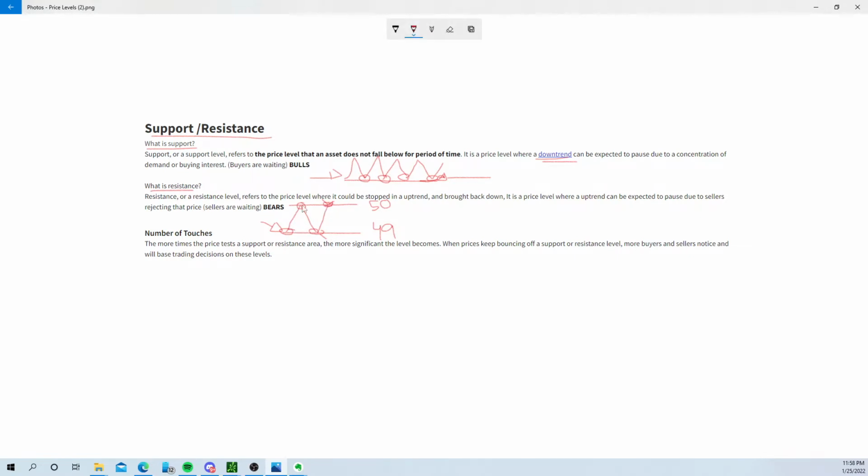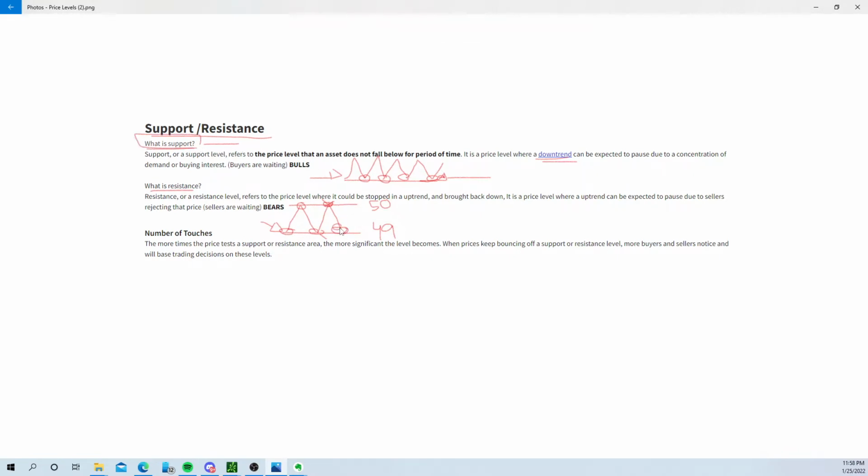So now, let's say you don't catch the first two moves. We could expect this will be a demand level. You could also be calling it demand, a support, sorry about that. This could be a support level also. Since we know the resistance is here, we could expect the stock is going to drop. We wait for it to come down, and we wait right at that 49 level to see if the support is going to hold.